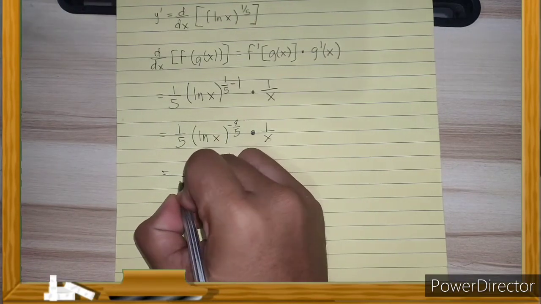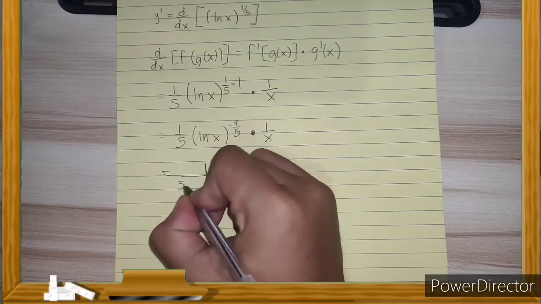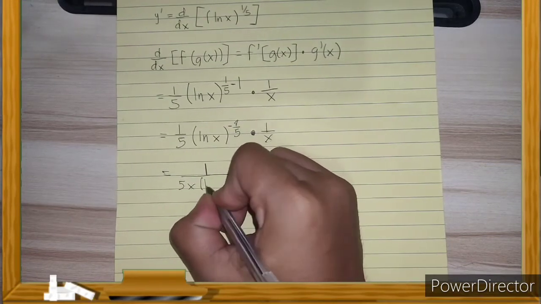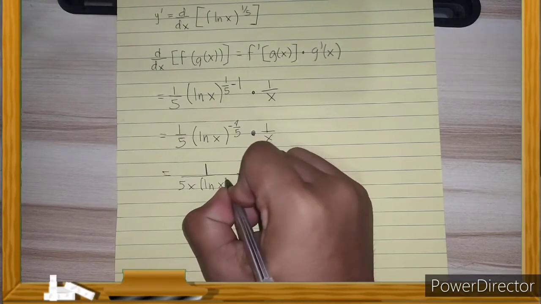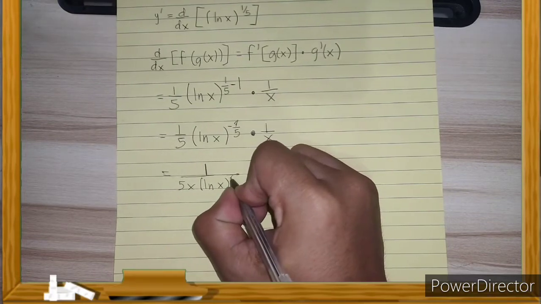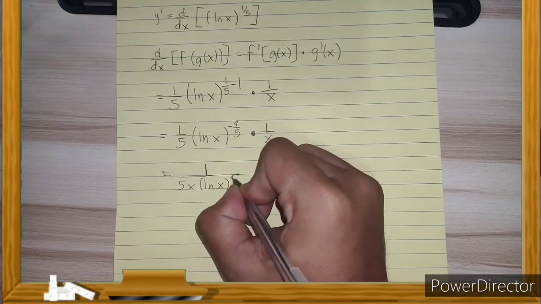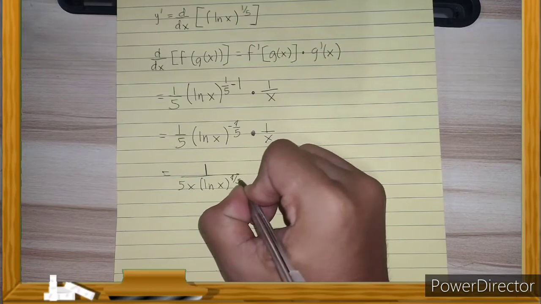So it will be 5x ln x raised to positive 4 over 5.